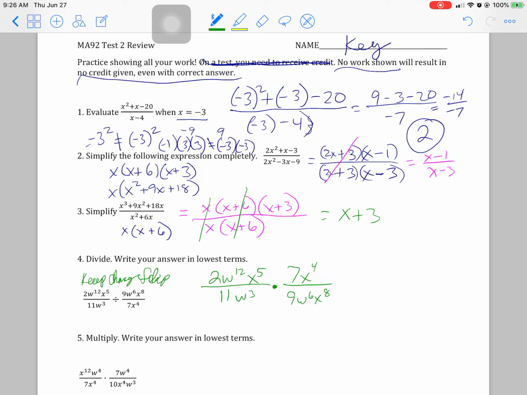There's a couple ways to do these. I could reduce these w's now where they are, or I could do it all together. If you reduce this one first by itself, it would be 2 over 11, and 12 on top means 12 minus 7.